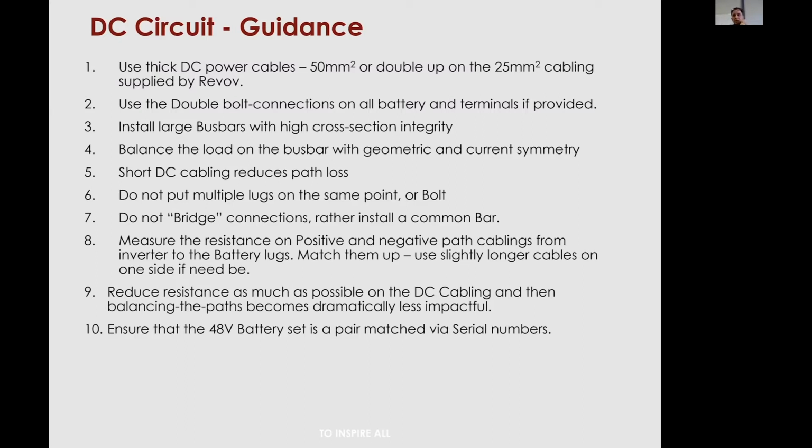Once you've done your installation, measure the resistance, this is point number 8, the resistance on the positive and negative parts. You can do that quite easily with standard equipment like a Fluke multimeter, and match them up. A lot of times people do this measurement and they see that the resistance is so small that they can hardly measure it.